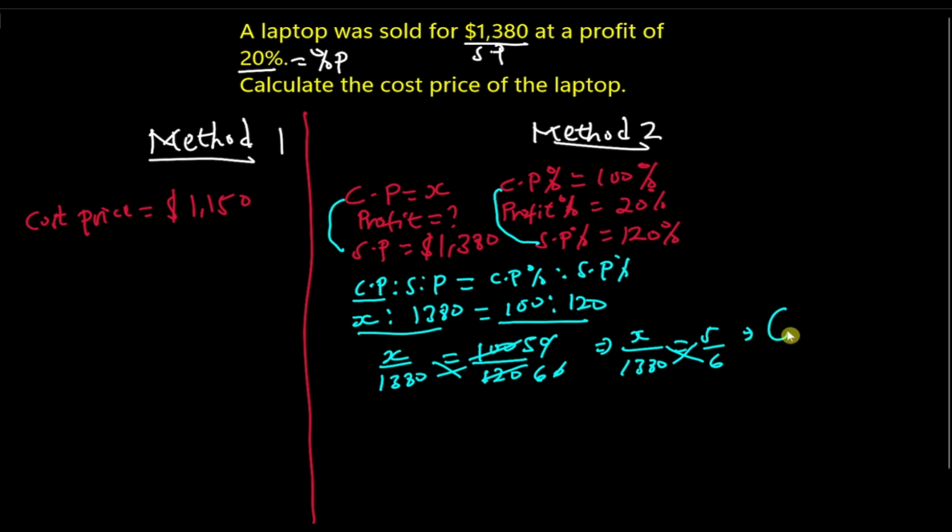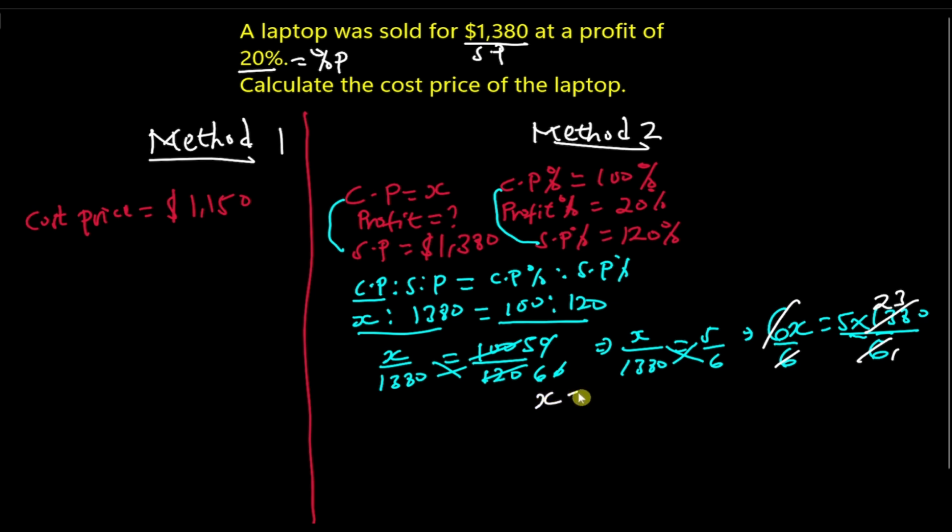We now have 6x equal to 5 times 1,380. We can divide both sides by 6, so 6 cancels out, and 6 goes into 138 23 times.